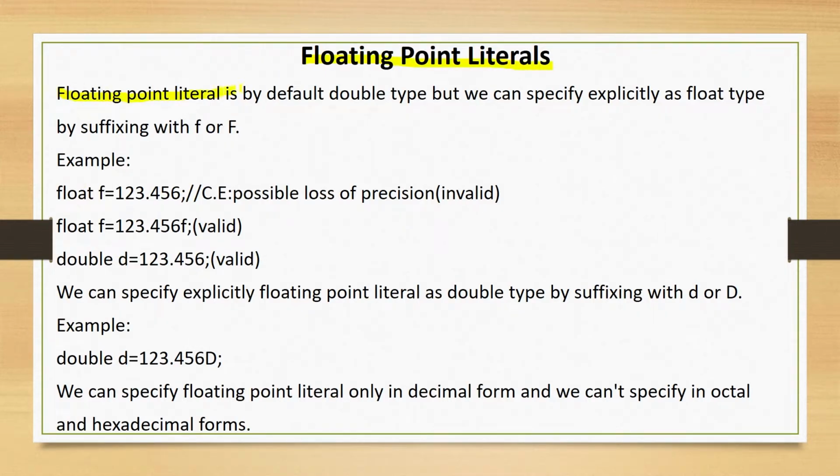A floating point literal is by default of type double, and we need to specify it explicitly as float by suffixing it with f or capital F. It doesn't matter whether it's lowercase or uppercase. So let's understand this.